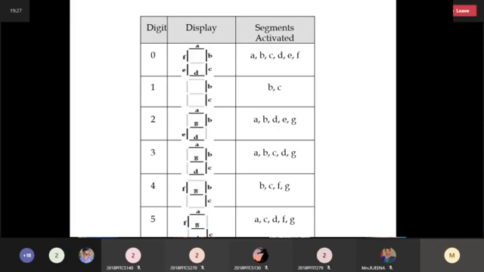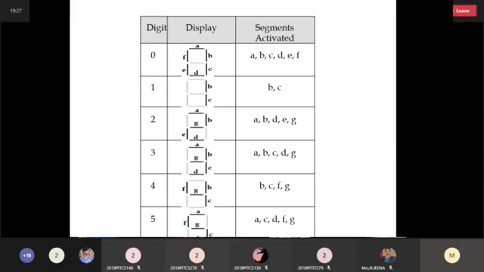Here, B and C are activated. 2 means A, B, G, E and D are activated. Next, how to display 3? This way, so A, B, C, D and G are activated.